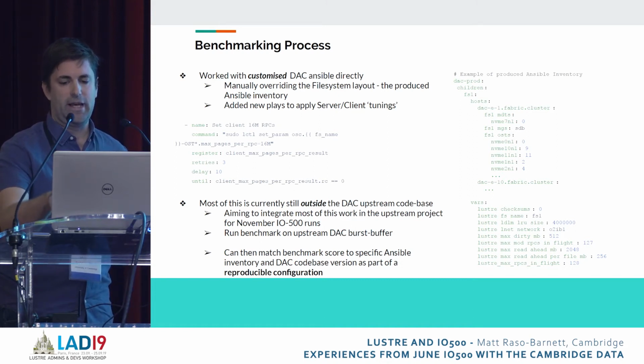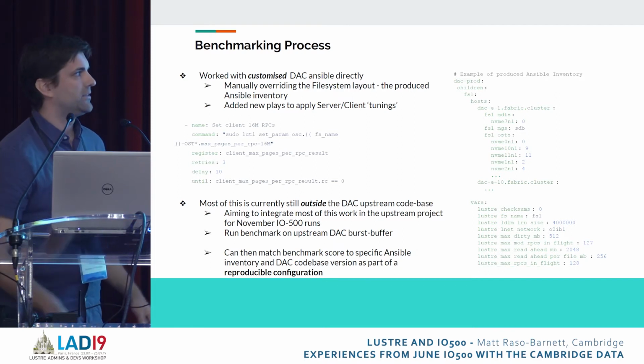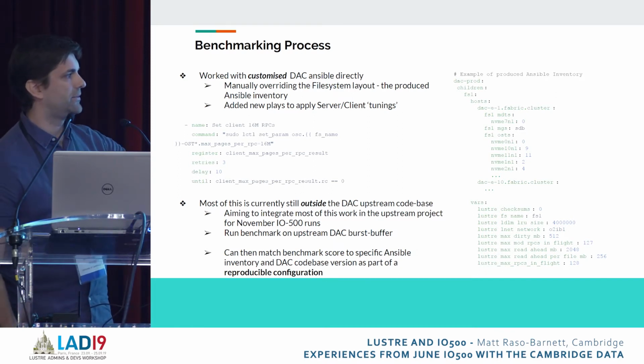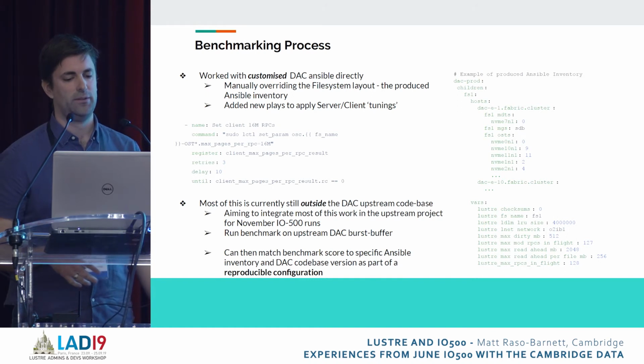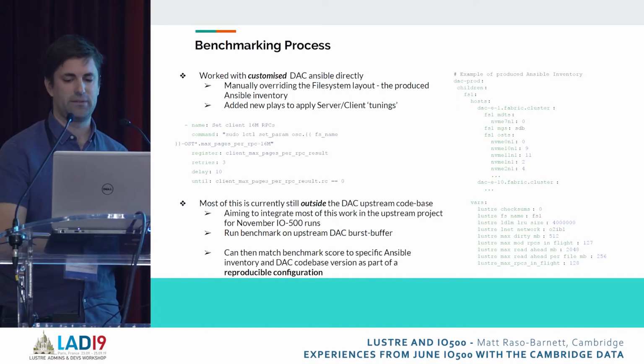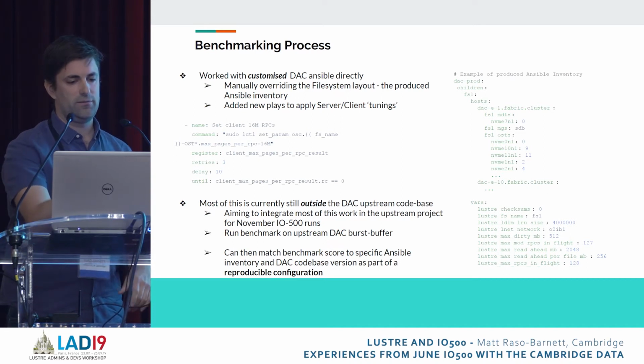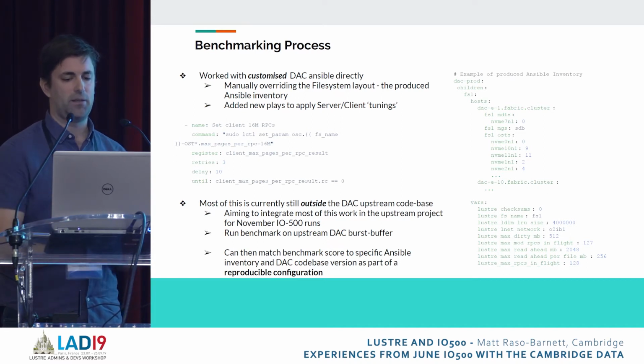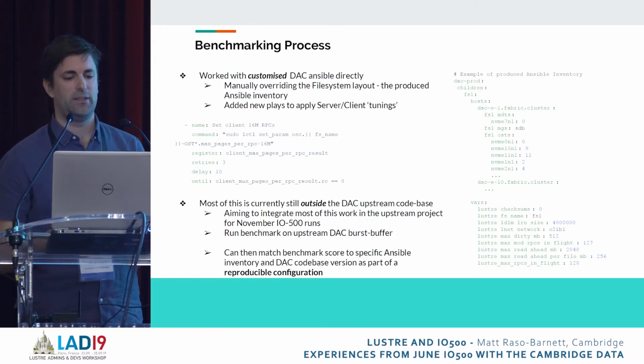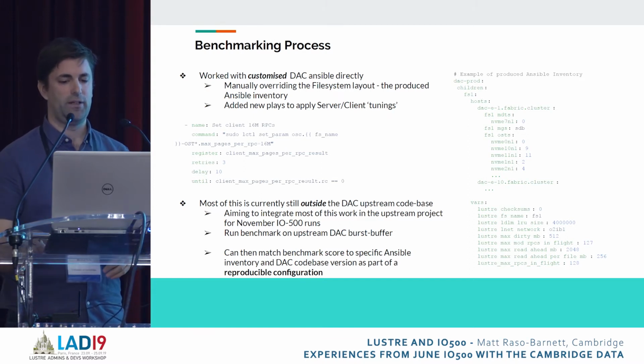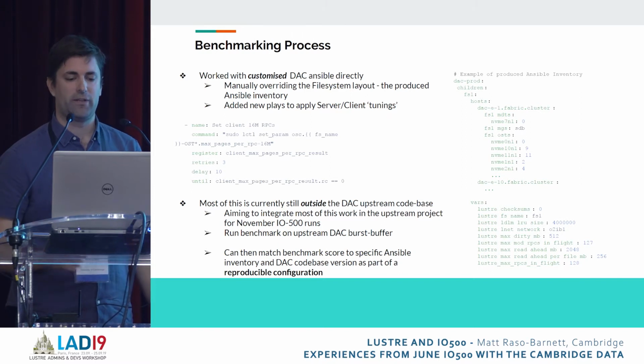And then I've been adding Ansible plays to do some of the file system tuning as well, which is these variables down at the bottom. Most of the tuning stuff hasn't made it back up yet, but this is something that I want to unify in the coming weeks, so that the hope is that I can just run this out of the box with no modifications on our cluster.